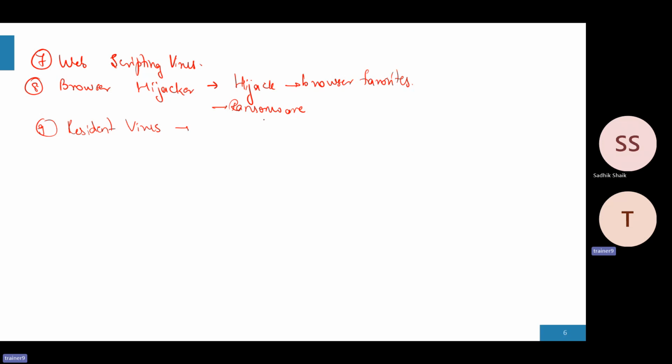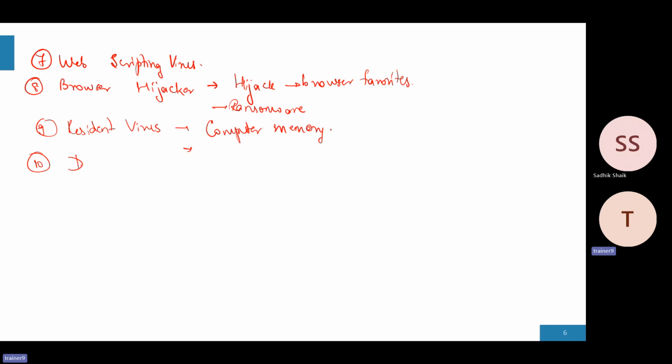This is very specific and dedicated: the virus gets access to your computer memory, your RAM, and it will try to impact it. The resident virus will come in and remain dormant unless there is a specific action that the user is trying to do. When it becomes active, it will start impacting. So that's a resident kind of virus.